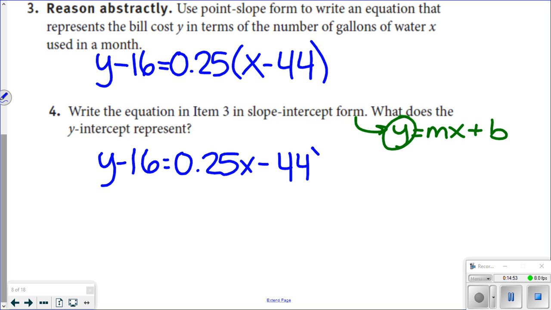Forgot my parentheses. The first thing that we need to do is to get rid of those parentheses. How do I do that? What's the process? It starts with the D. Distribute. So 0.25 times x.